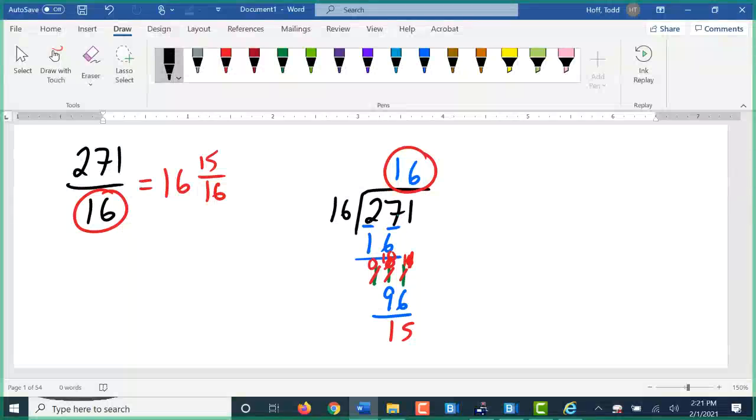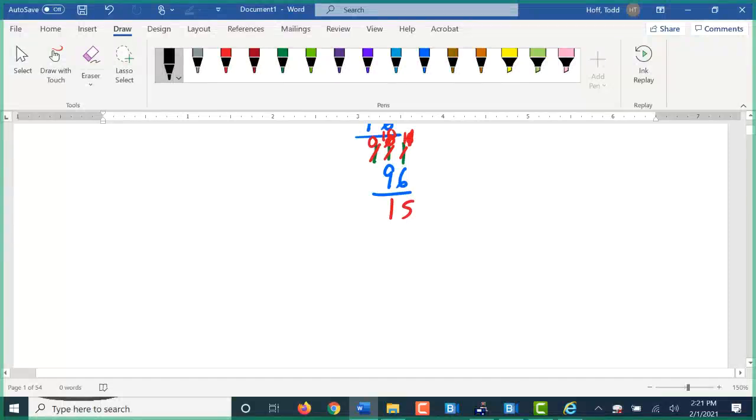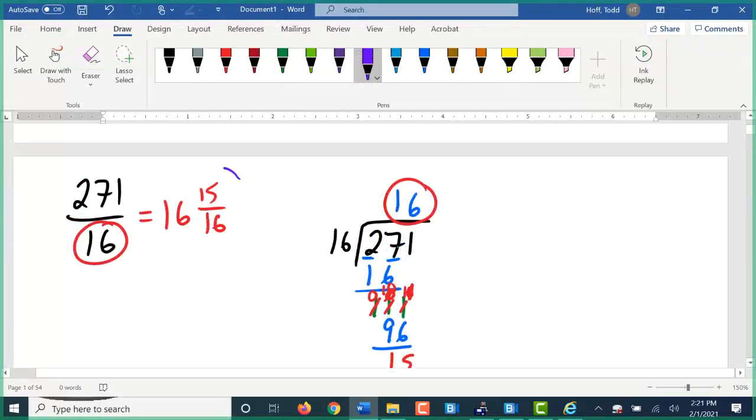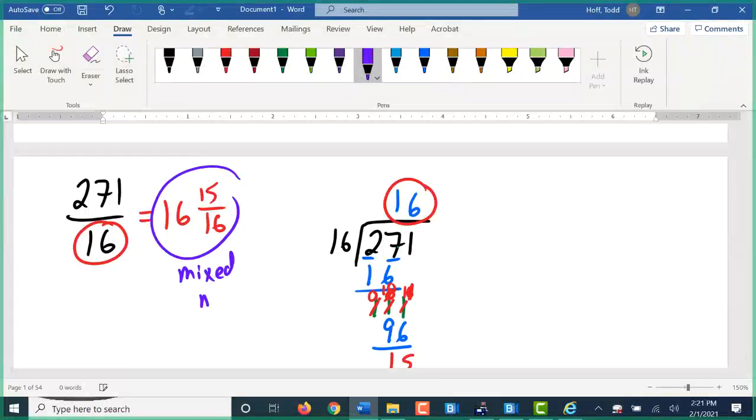Any questions there? Sometimes we need to go the other direction. This is what we refer to as a mixed number because it mixes numbers and fractions together.